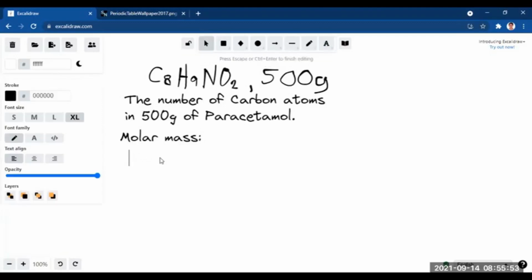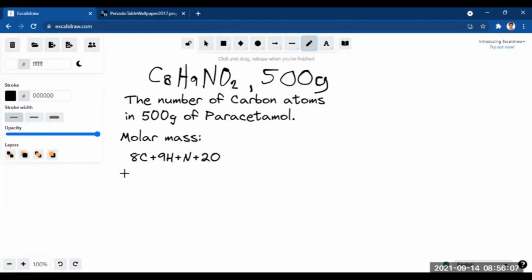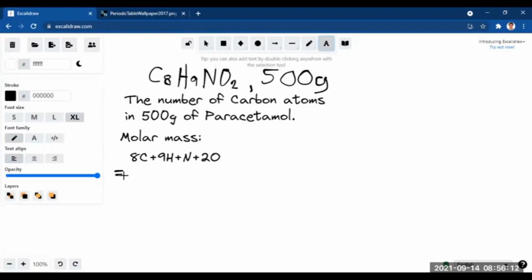We have 8 carbons plus 9 hydrogen plus 1 nitrogen plus 2 oxygen atoms. So this will be equal to, remember, the atomic mass of carbon is 12.011 plus 9 times, for hydrogen, we have 1.008.